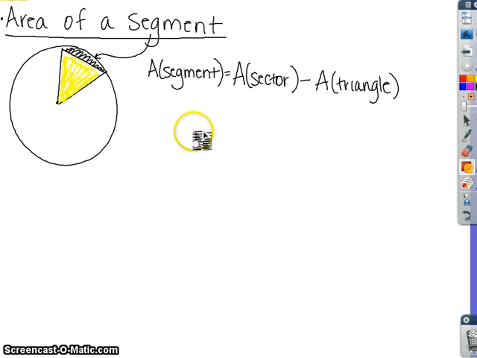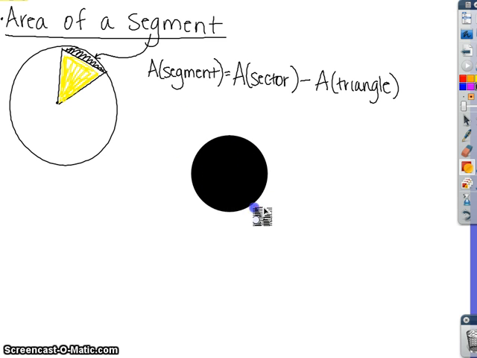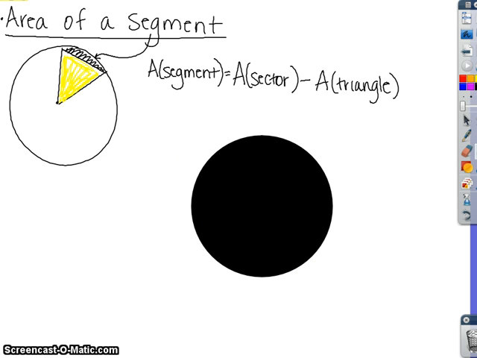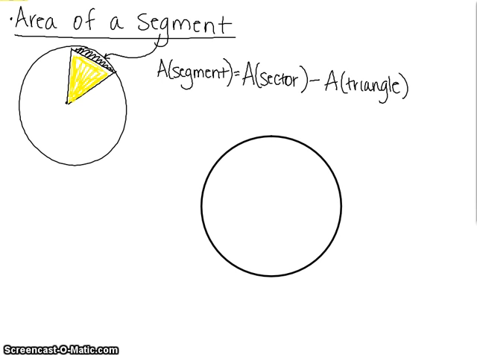All right, so I have my circle, and in this circle, I'm actually going to draw a hexagon within the circle. Like that. And then I'm going to color in 3 of these. Okay.